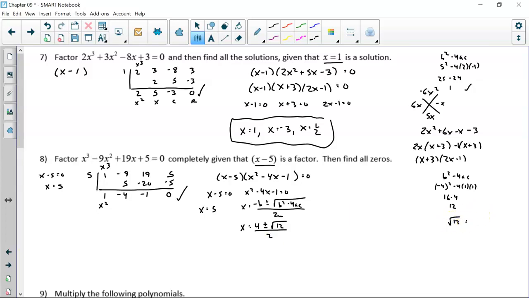The square root of 12 is the square root of 4 times the square root of 3, so it's 2 square root of 3. So that equals 4 plus or minus 2 square root of 3, all divided by 2. So split them up: 4 divided by 2 plus or minus 2 square root of 3 over 2. So x equals 2 plus or minus the square root of 3. So our zeros, 2 plus or minus the square root of 3, and x equals 5. There's our 3 zeros.